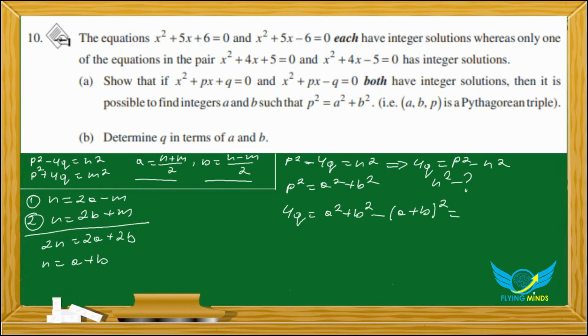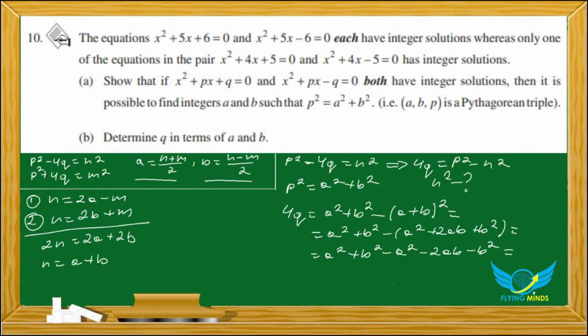So n equals a plus b squared. We're going to open brackets, expand first, minus a squared plus 2ab plus b squared. If we open brackets, we're going to get a squared plus b squared minus a squared minus 2ab minus b squared.